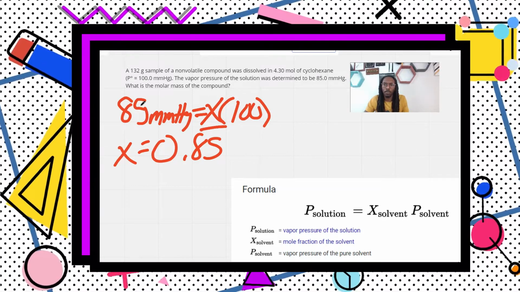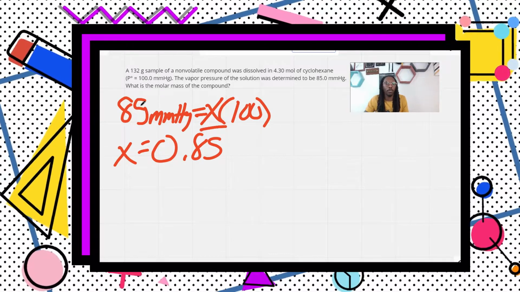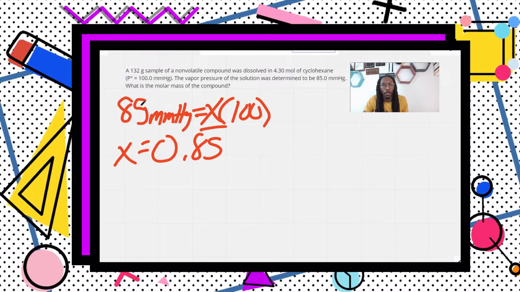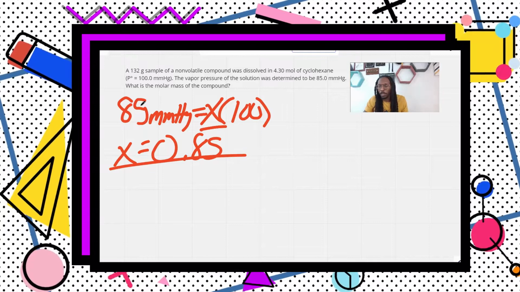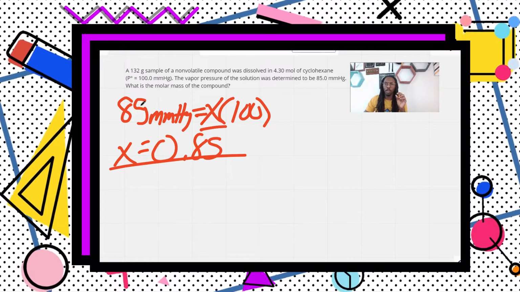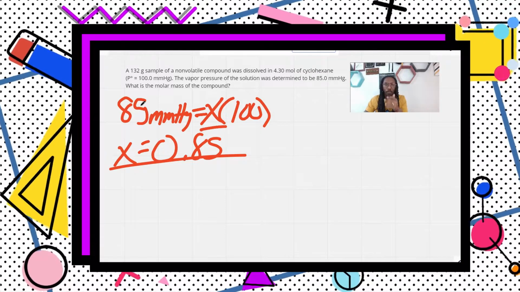So far, you figure out the mole fraction. If you paused me before, hopefully you've been able to do that. If not, it's okay. We're working it out. Now we got our mole fraction, 0.85. What exactly is mole fraction? Mole fraction is your part, whatever you're solving for in the numerator, over your total moles.